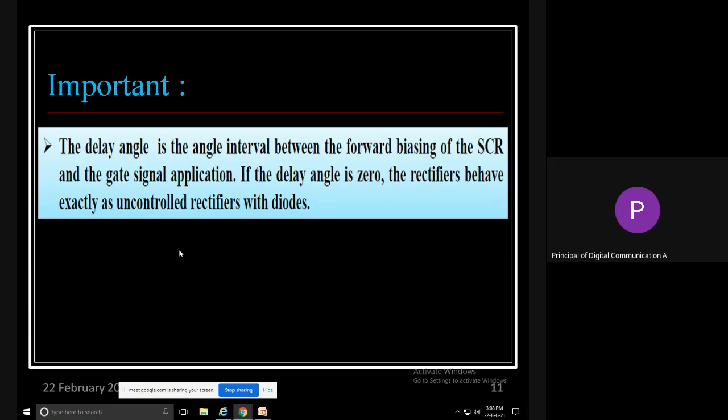But without disturbing the respective components, how can we achieve that? So the answer is just reducing the firing angle. Reducing the firing angle, we will get this particular output as that of the normal diode. So this sentence is very important as far as this particular controlled rectifier is concerned.